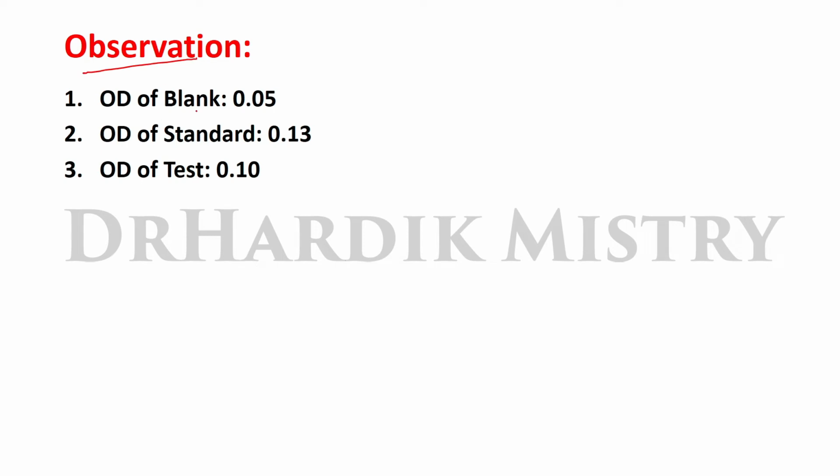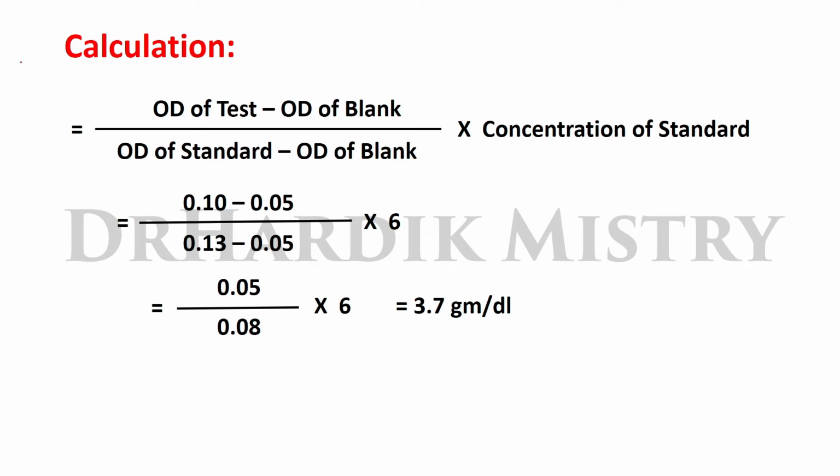Observation. OD of blank 0.05, OD of standard 0.13, OD of test 0.10. Now the calculation. OD of test minus OD of blank divided by OD of standard minus OD of blank, multiplied by concentration of the standard.